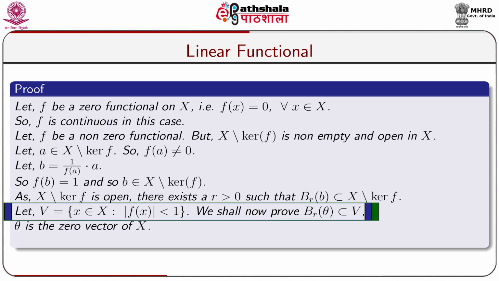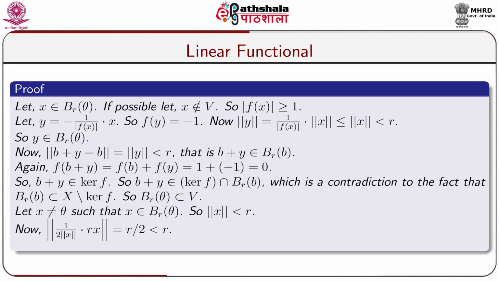So, let capital V be equal to the set of x belonging to capital X such that modulus of f(x) is strictly less than 1. We shall now prove that the open ball centered at the zero vector with radius r is within V, where theta is the zero vector of X. Let x belong to B(r, theta), that is the open ball centered at the zero vector with radius r. If possible, let x not belong to capital V. So, by the construction of V, we get modulus of f(x) is greater than or equal to 1.